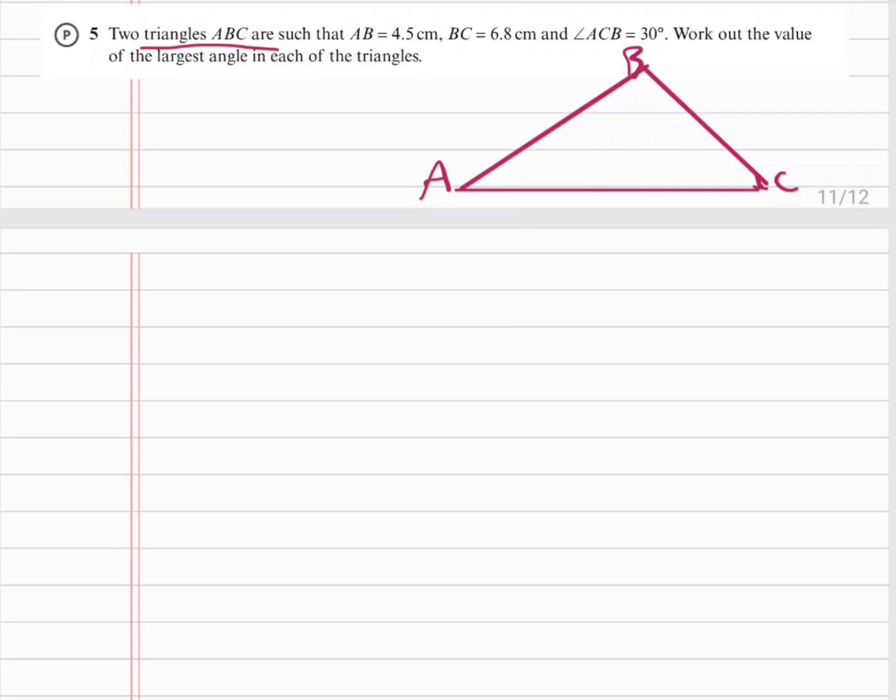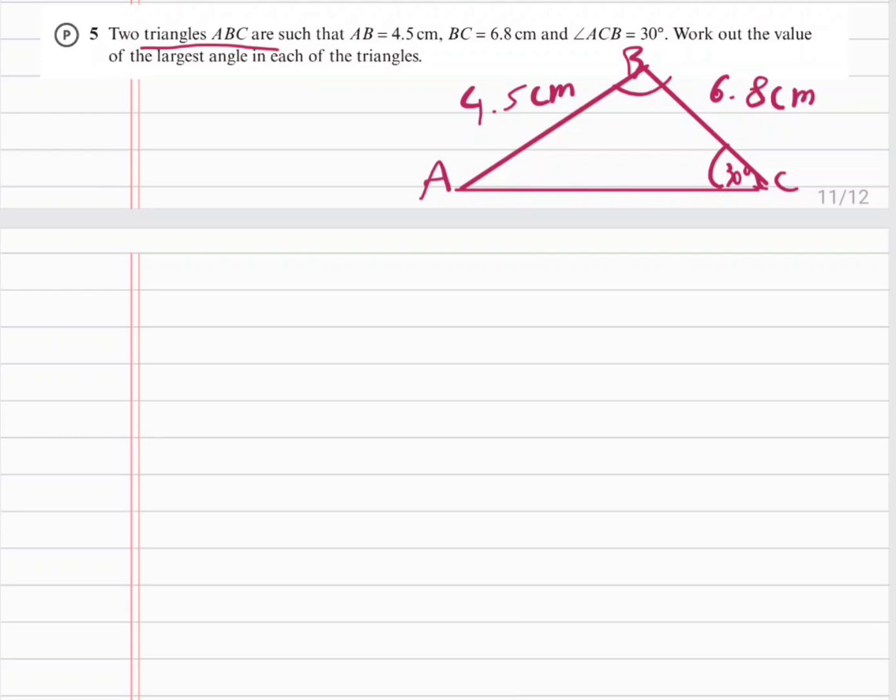Now, we know that AB is 4.5 centimeters, BC is 6.8 centimeters, and ACB is 30 degrees. We want to work out the value of the largest angle in each of the triangles. In this case, B is the largest angle, and that's something that is obvious.